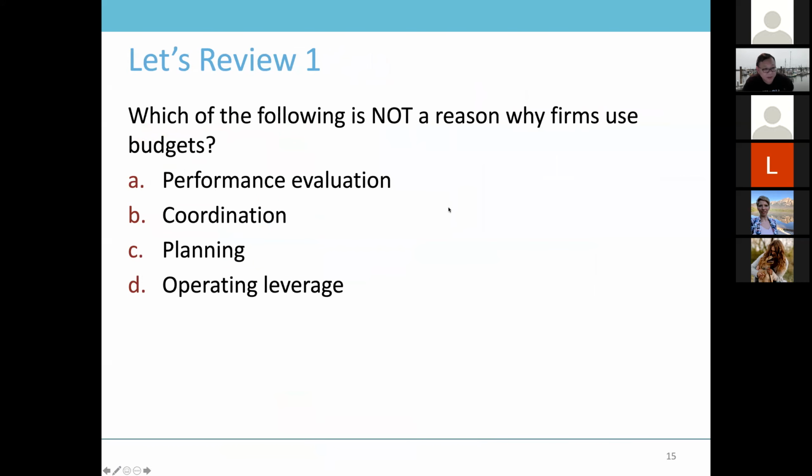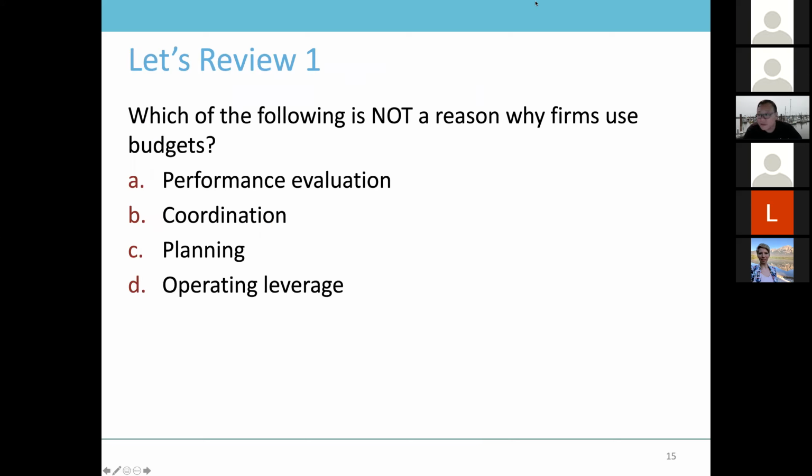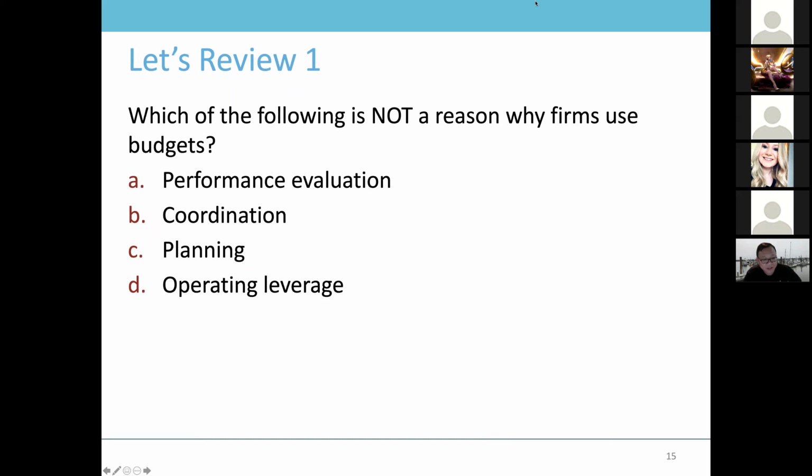Okay, question 1. Which of the following is not a reason why firms use budgets? Florence? D, operating leverage. Okay, next. Xudong?